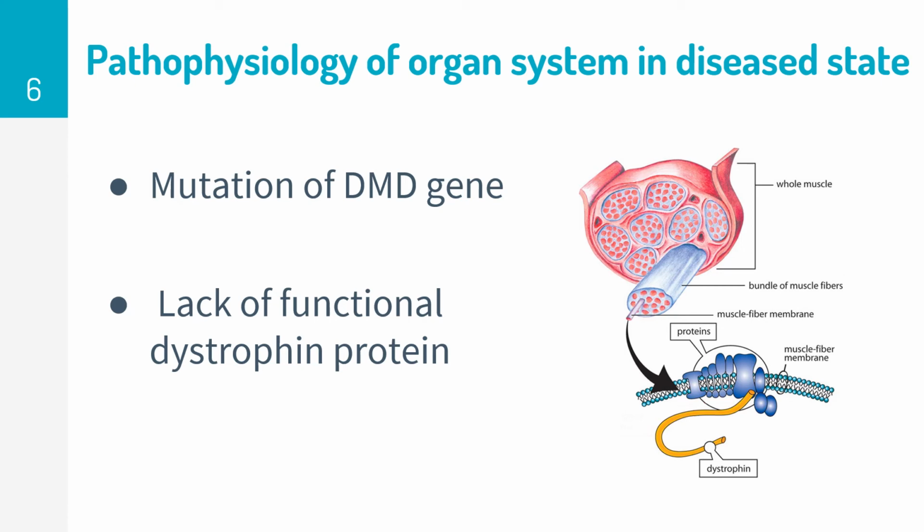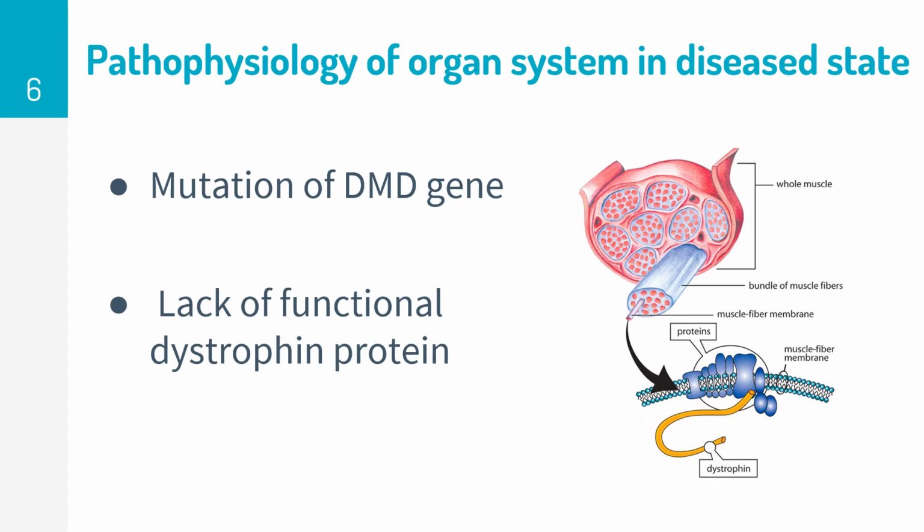But when this gene becomes mutated, as is the case with individuals who do have Duchenne muscular dystrophy, the gene becomes incapable of producing any functional dystrophin protein. This causes a problem because without any functional dystrophin protein present to protect those muscle fibers from the forces they encounter during those different muscle phases, the overall integrity of the musculature begins to lessen as the muscle cells themselves become more and more damaged from those forces during the phases of muscular contraction and relaxation.